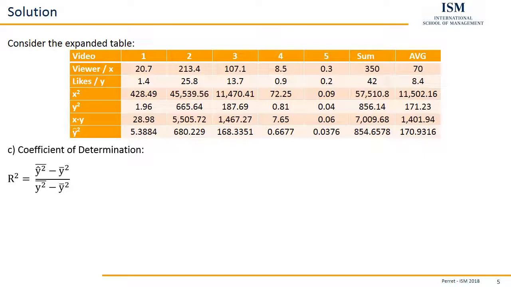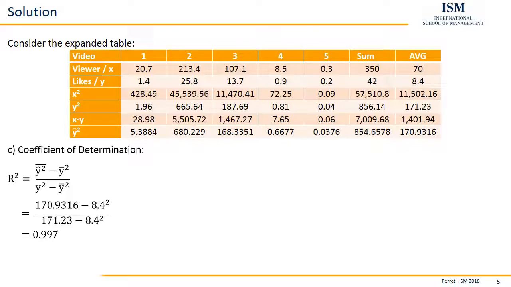So here we put 171.23 minus 8.4 to the power of 2, resulting after 2 steps to a value of 0.997.